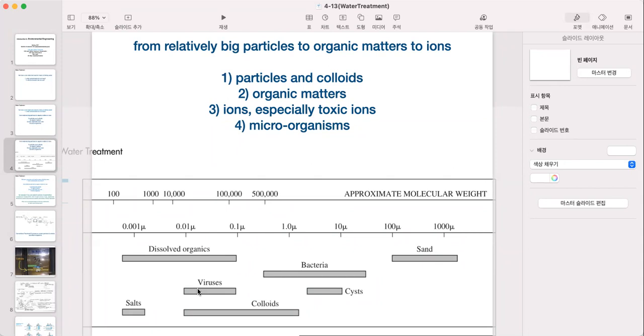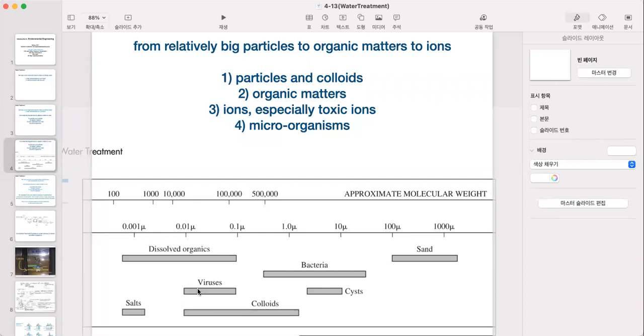Ammonia is very toxic, right? But even in Nakdong River, there is no ammonia at all. That's the good news, very good news. If we have ammonia, once again, it's very difficult to remove. It's almost impossible sometimes.